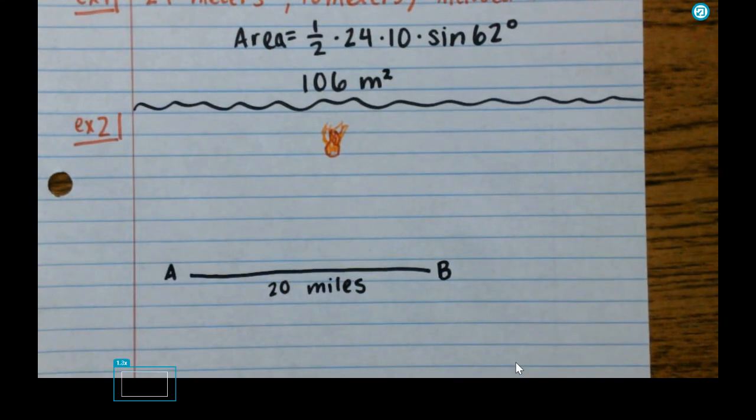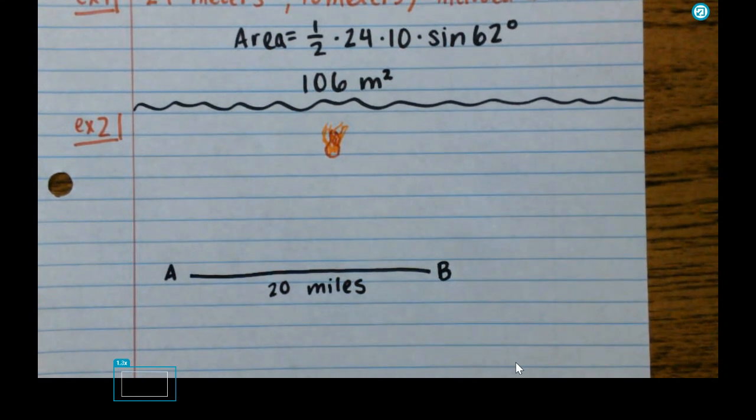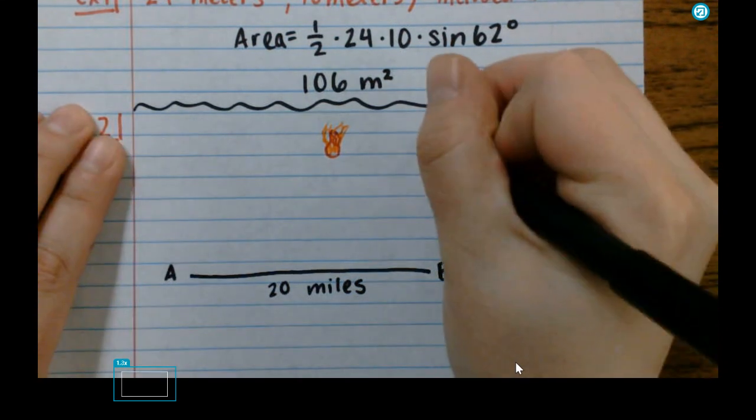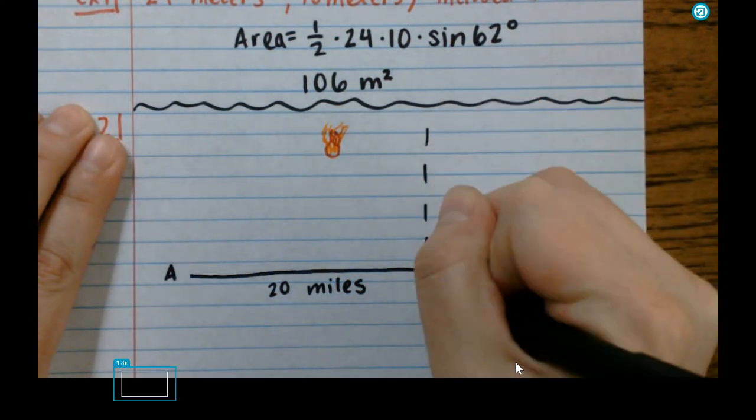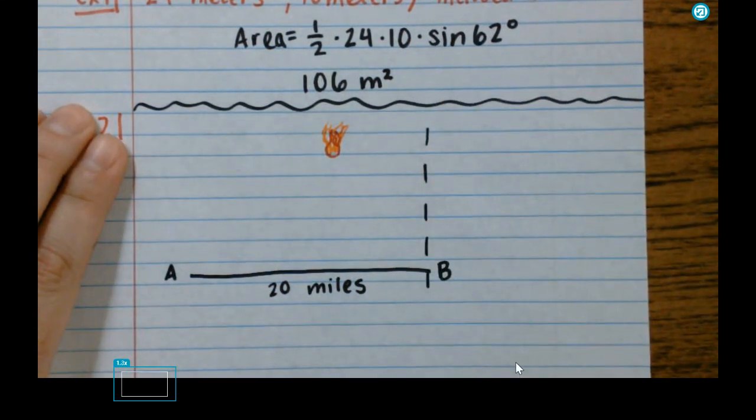Okay, then we know, because from each of their stations they can determine this, the bearing from station B to the fire is north 50 degrees east.